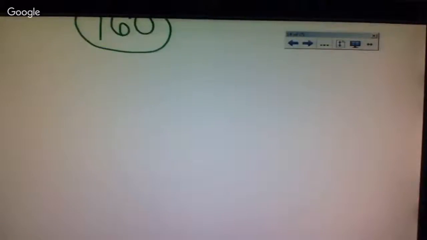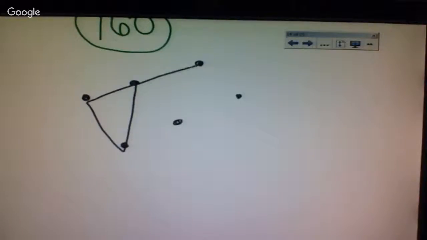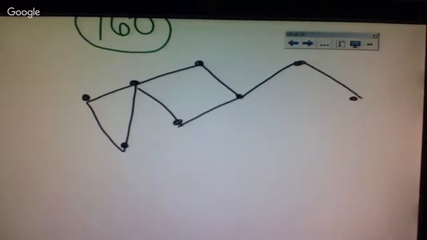All right. So I can draw you a graph like this. And then let's do 2, 3, 4, 2, 3, 4, and then I can do another one that's like 1, 2, 3, 4.